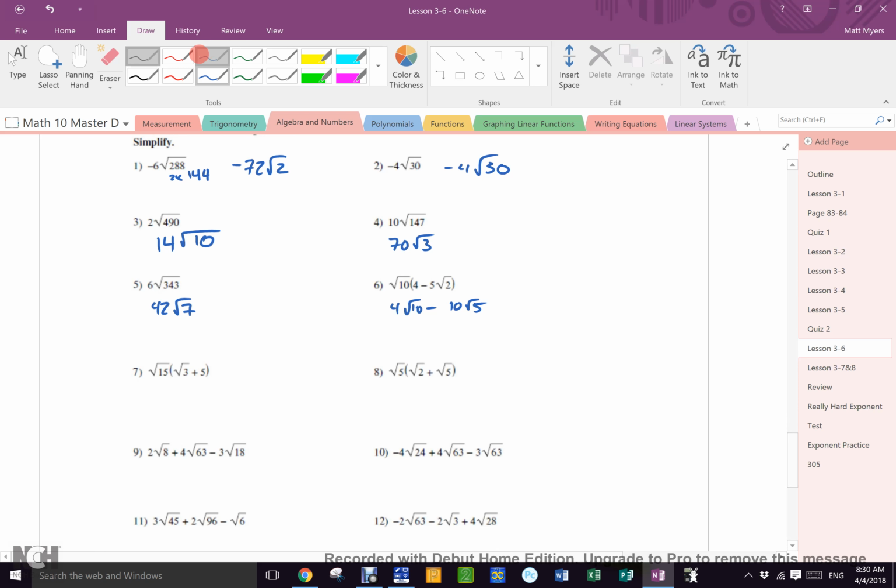So this first one was 4 root 10 minus 5 root 20. And then you break down root 20, 4 times 5, out comes the 2. Right? So let's come down to here. Root 45 plus 5 root 15, and that's 9 times 5. So that's 3 root 5 plus 5 root 15, because 15 doesn't break down.